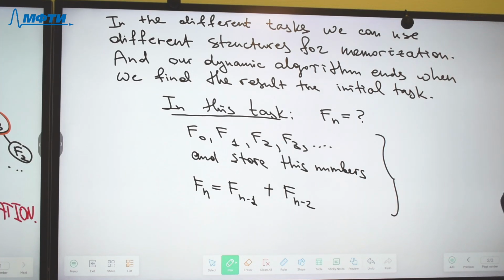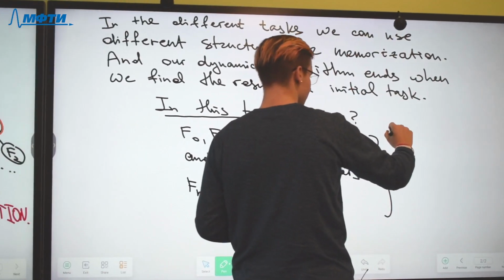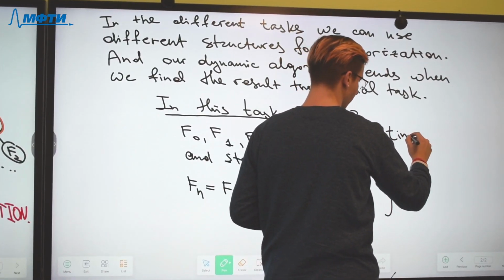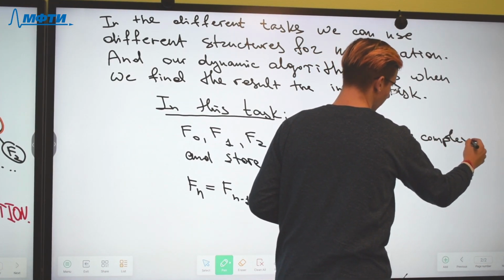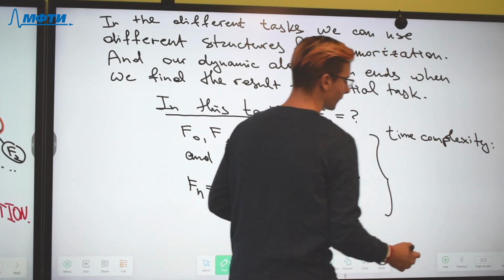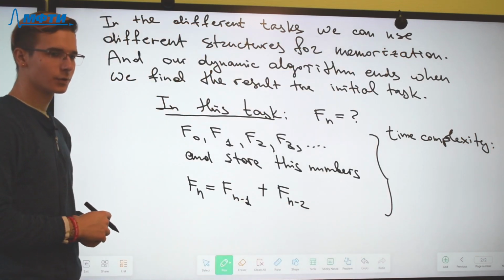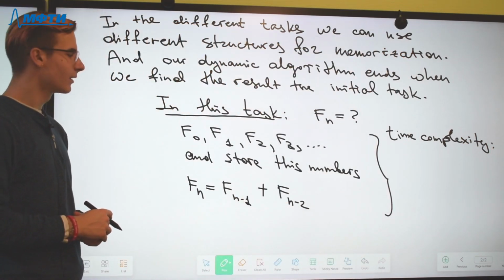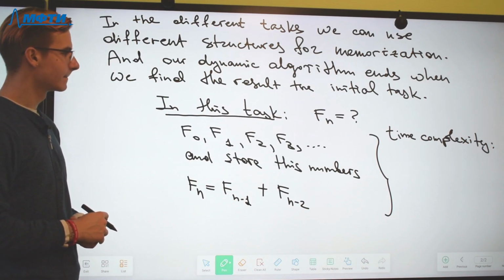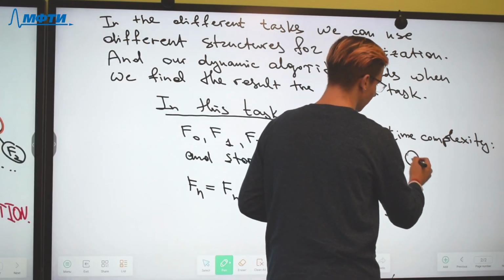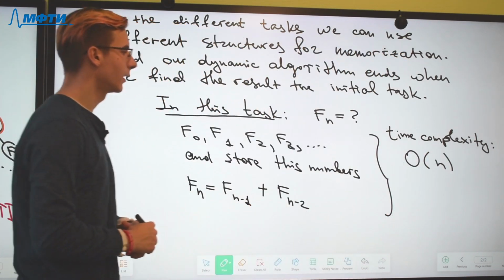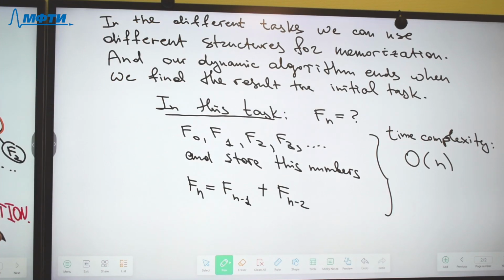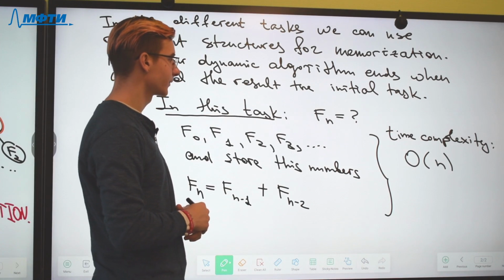So, as we see, the time complexity of the solution is equal to, what is the time complexity? Linear, yeah. It is equal to O of the index of the Fibonacci number that we need to find.